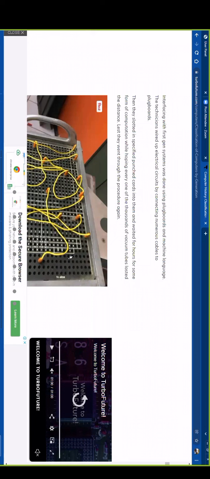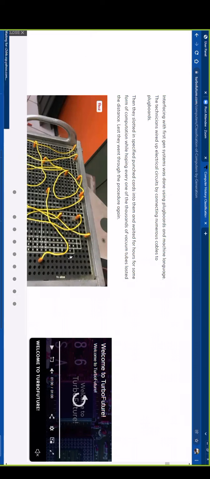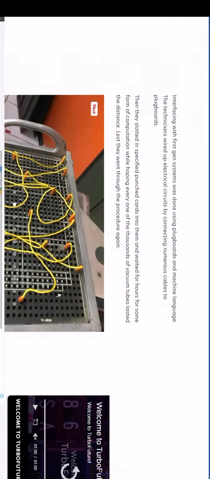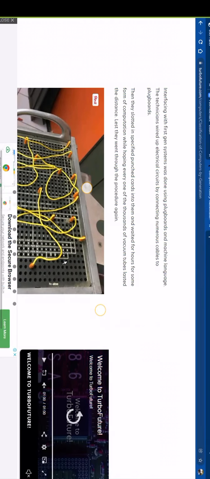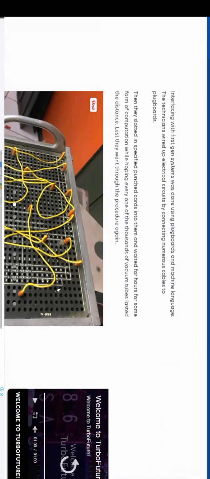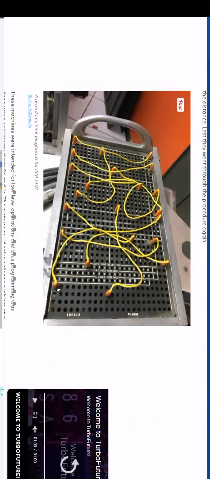Then they slotted in special punch cards into them and waited for hours for some form of computation. That means you have to wait for a longer time to get any output. Just like these plug boards were there, these machines were intended for low level operations.